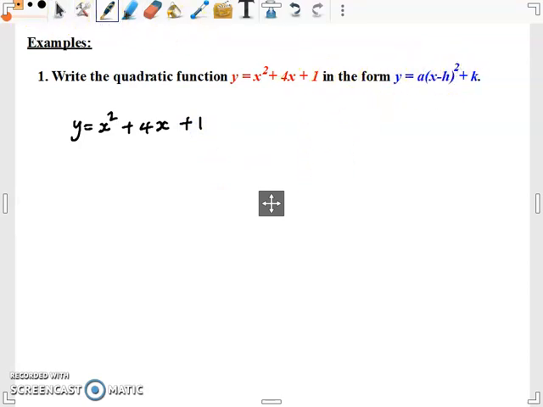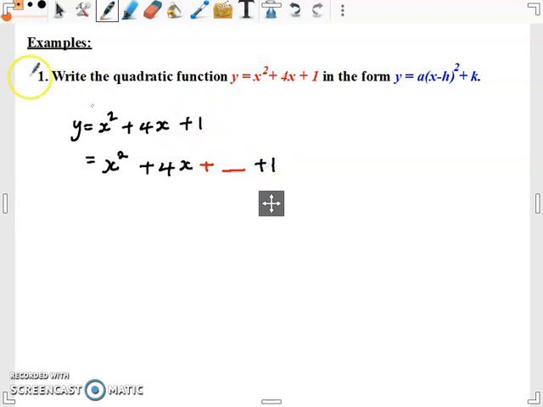So the first thing you do, you're going to put back your x squared and your plus 4x. Now, in order to go along with this procedure, you will have to find a number to add in this section. Once you put the number there that you're going to add, you put back your plus 1.